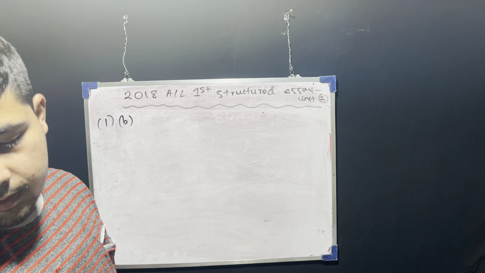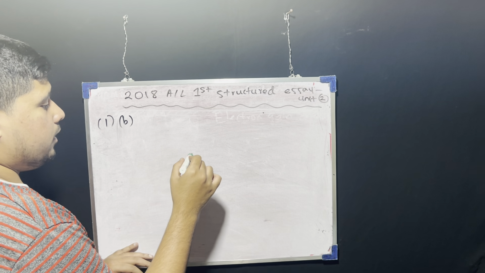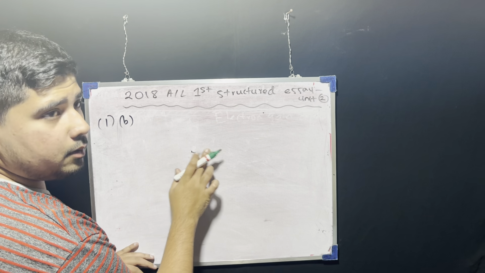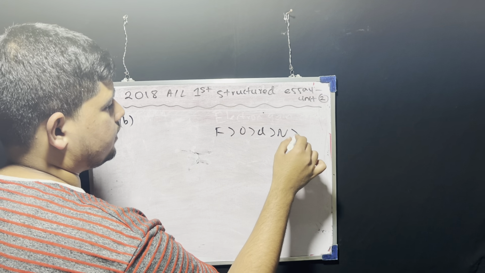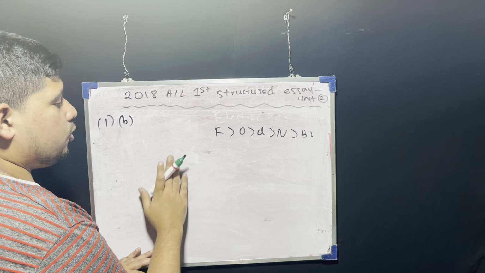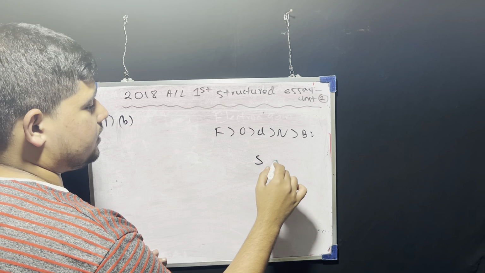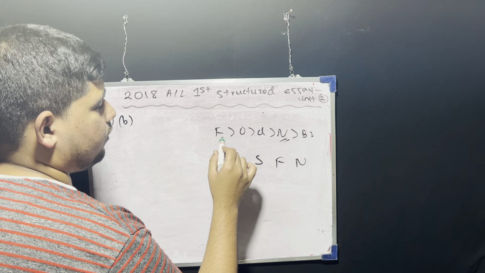Draw the most acceptable Lewis structure for the molecule SF3N. Now you know the electronegativity variation: fluorine, oxygen, chlorine, nitrogen, bromine, iodine, sulfur. It goes like this. So here, what are the atoms given? S, F, N. Nitrogen is somewhere here, fluorine is here.